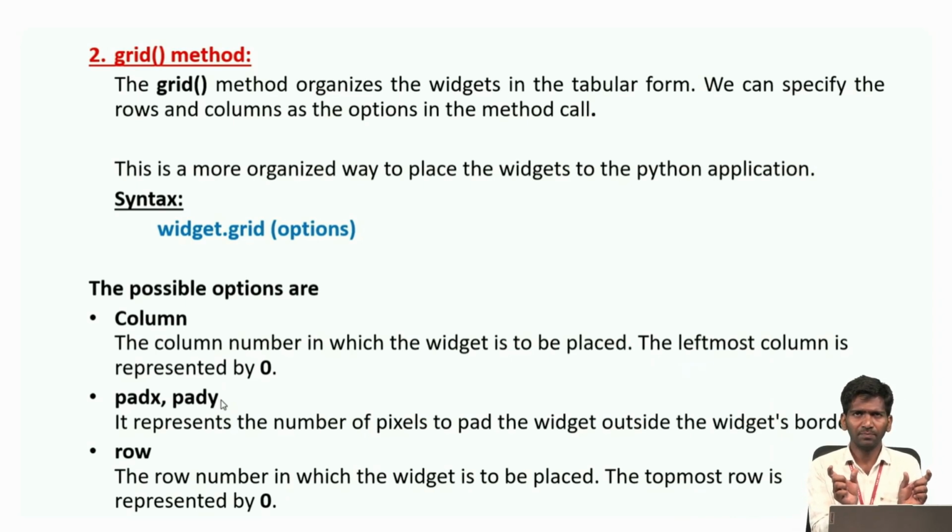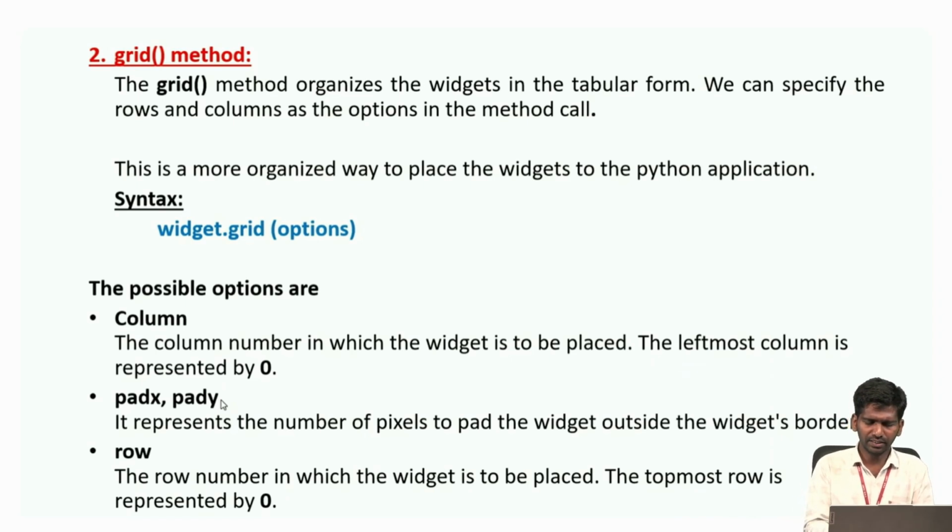So user will be entering his name in this. Okay. Imagine this is a first column, second column. Okay, so with the help of grid method, you can arrange them. Okay, name label will be coming here and user can enter in the next. Okay, so in that way it is possible to arrange using grid method. Okay, next password, like that you can create. So I'll be showing you.